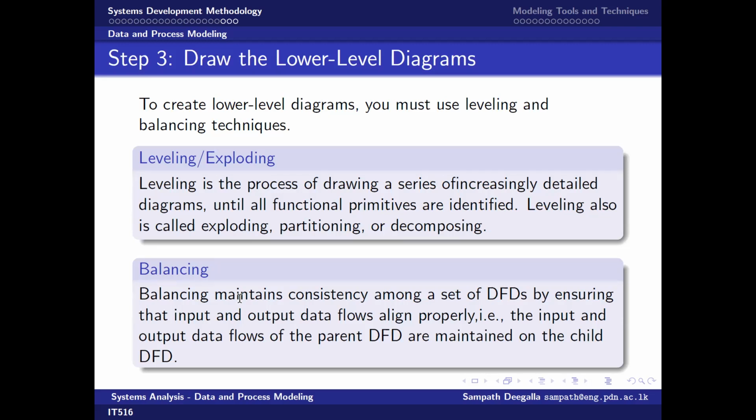Leveling is basically that you keep detailing the diagram until you get to primitives. Balancing means we make sure that inputs and outputs are aligned properly. That means input and output from the parent previous step are maintained in the child diagrams.